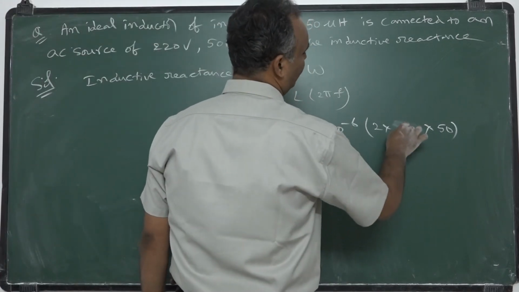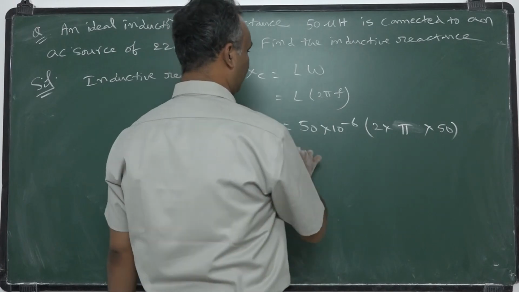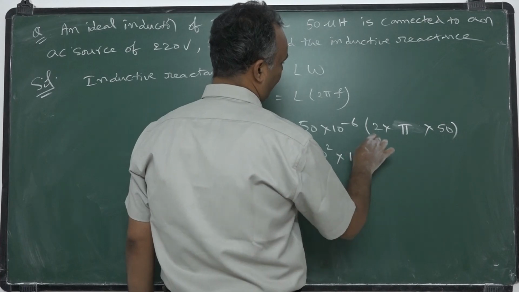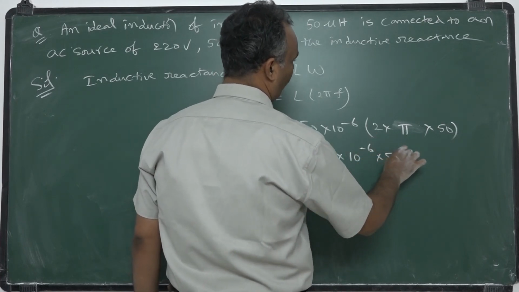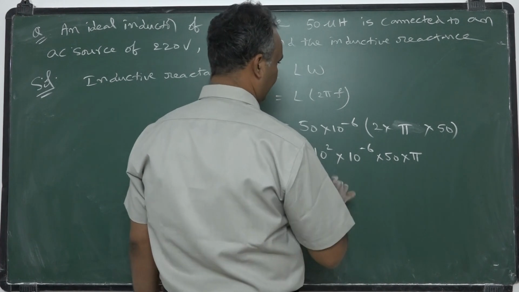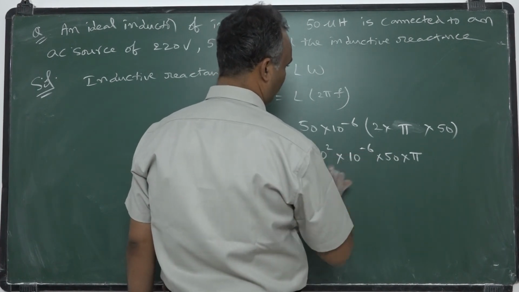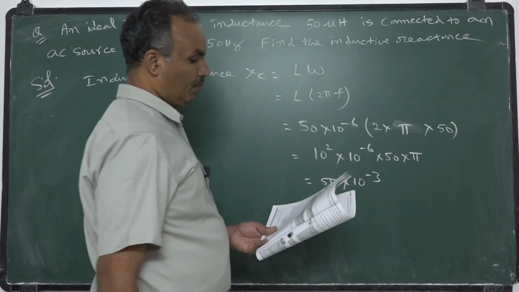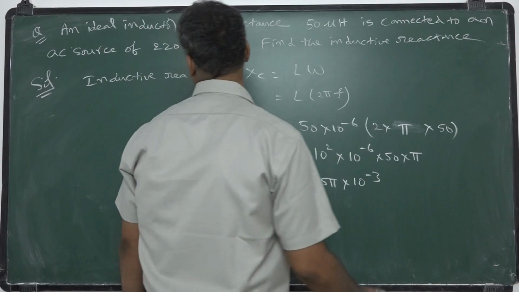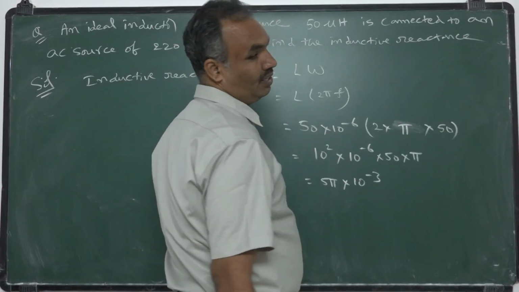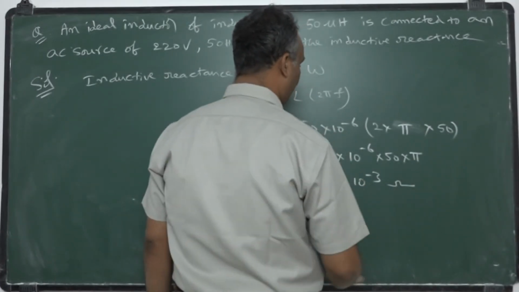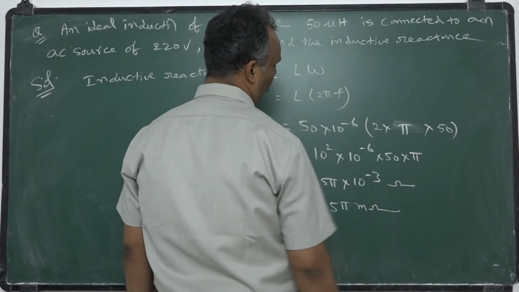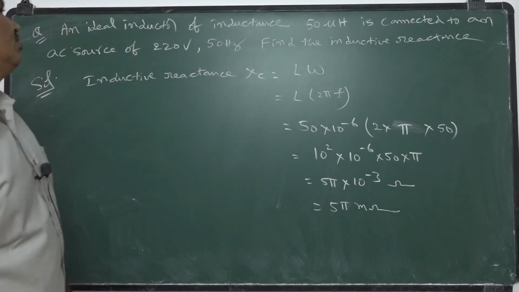Otherwise, you keep pi like that, as in our options they gave pi itself. So 2 fives are 100, so 10 square into 10 power minus 6 into 50 pi, that is 5 pi into 10 power minus 3. Reactance is also like resistance, so units are ohms only. So 5 pi milliohms is the answer for the given question.